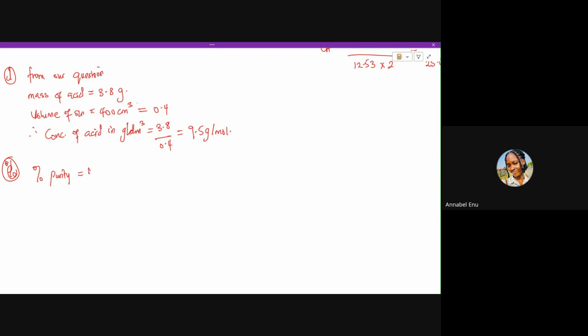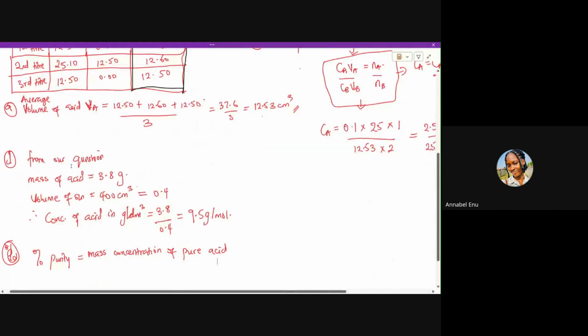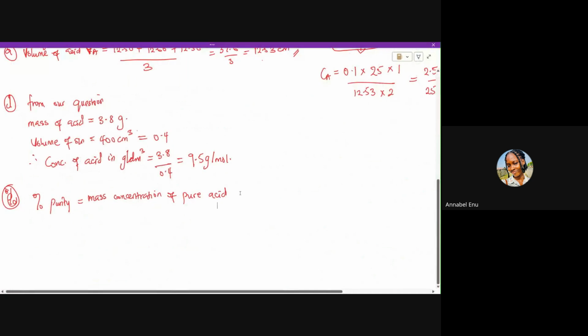is equal to the mass concentration of pure acid. If we go back to the question, we say of solution A, percentage purity of solution A. So we are focusing on the acid, divided by the mass concentration of the impure acid.